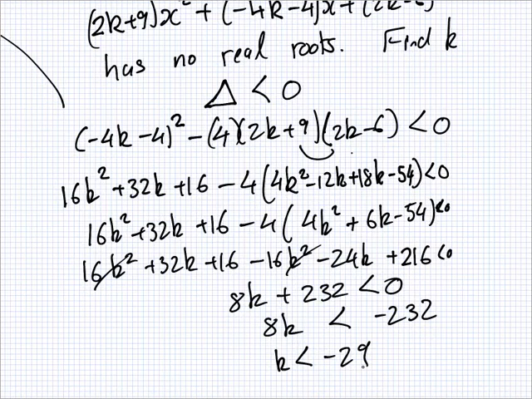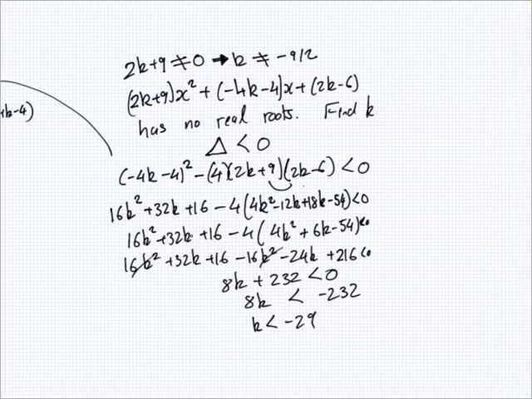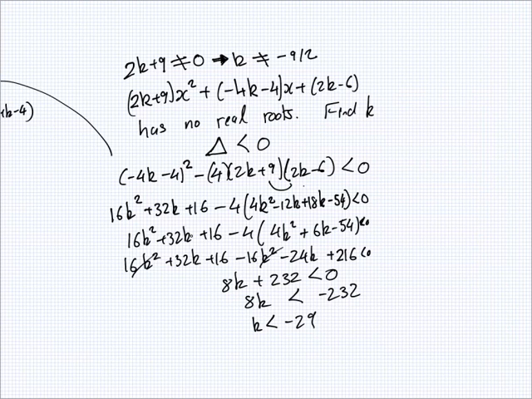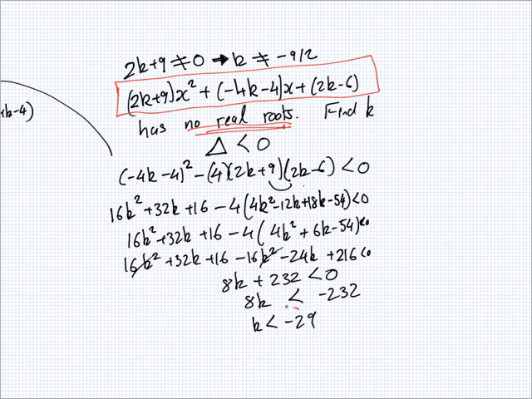So look, the only way that this equation has no real roots, the only way that's possible is if k is smaller than minus 29.